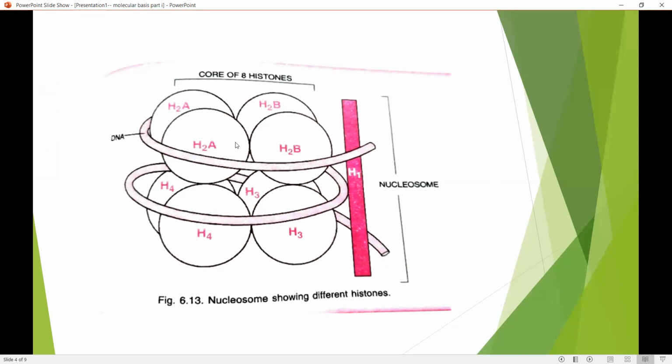That means H2A, H2B, H3 and H4 are the types of histone protein found in the DNA beads, at the center or inner core called the histone octamer, and the DNA strands wrap around the nucleosome in 2 turns, and the DNA strands are linked by another short DNA strand, which consists of H1 histone protein, and it is called linker DNA.